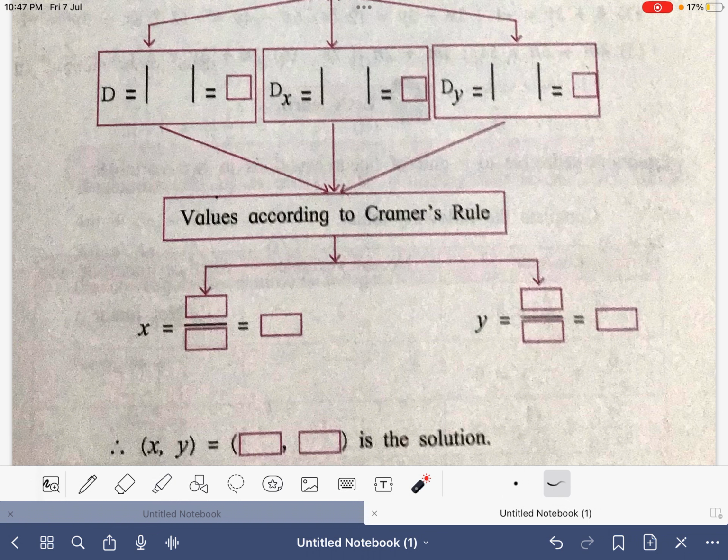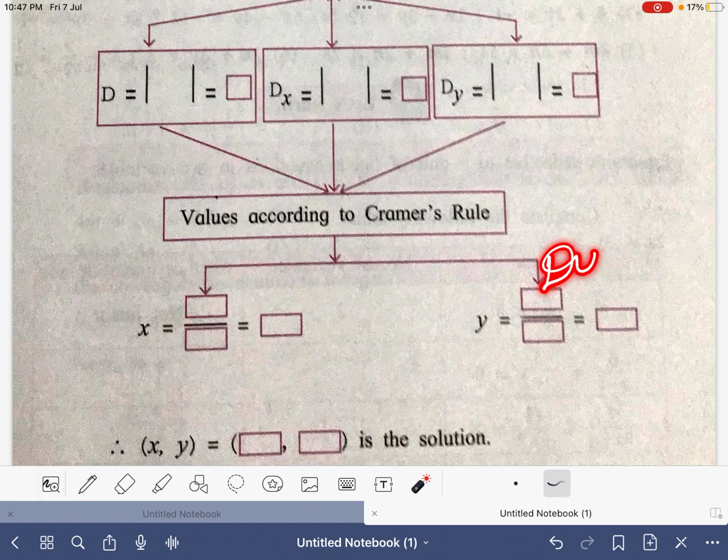And similarly, by the formula, x is nothing but dx upon d. Whatever the value of dx, put it here, and the value of d you put here and find the value of x.